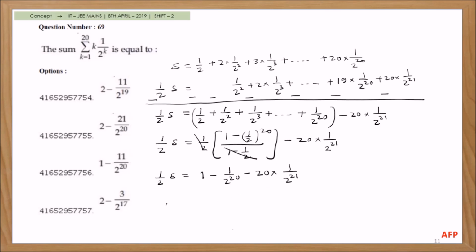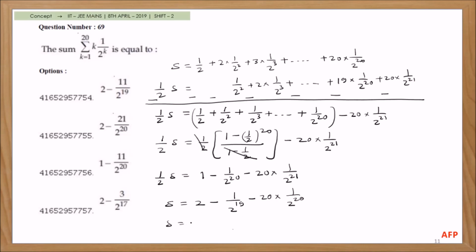So now if you go for multiplication, okay, 2 as it is, so 1 divided by 2 raised to 19, 20, 1 divided by 2 raised to 20.